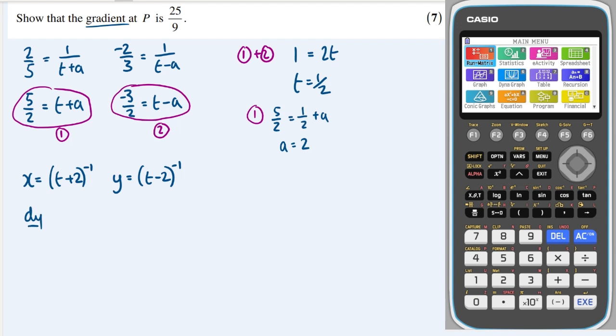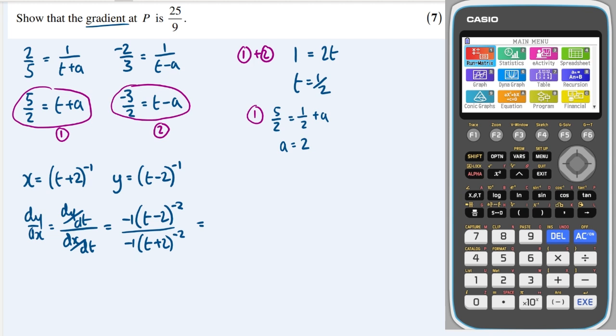Now if I want to find dy by dx, I need to differentiate the y with respect to t, then divide it by differentiating the x with respect to t. Differentiating the y, the minus 1 comes down to the front, bracket stays the same, drop the power down by 1, and times by the derivative of the bracket, which itself is just 1. And let's differentiate the x, the minus 1 comes down to the front, t plus 2, drop the power down, and again times by the derivative of the bracket, which is 1, so we don't need to do that.